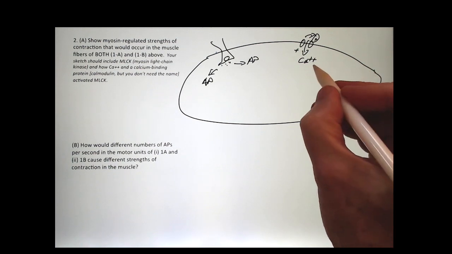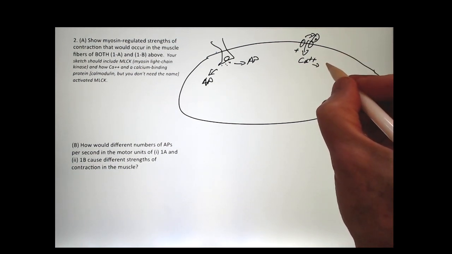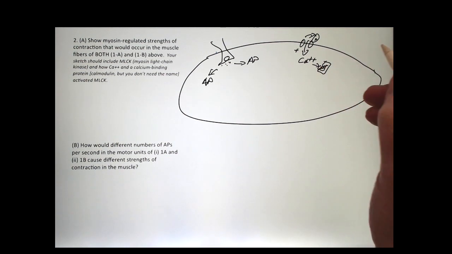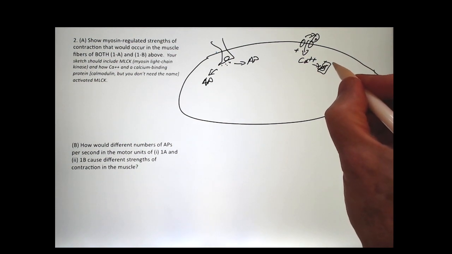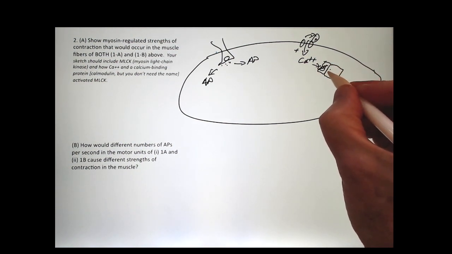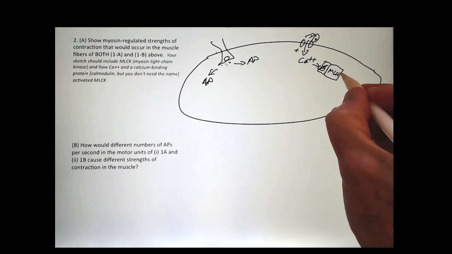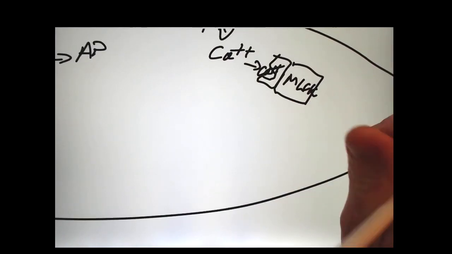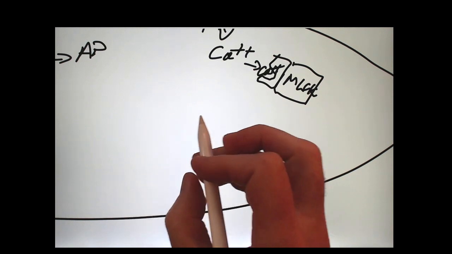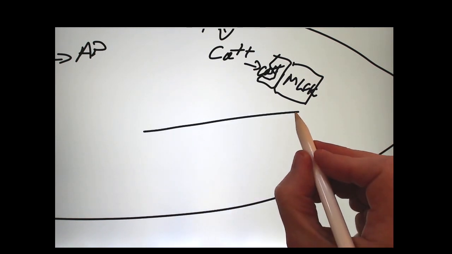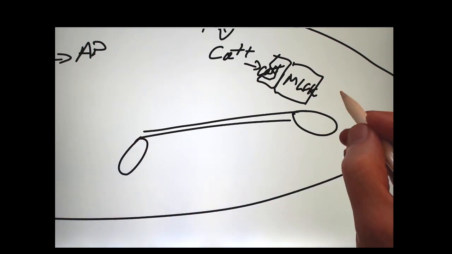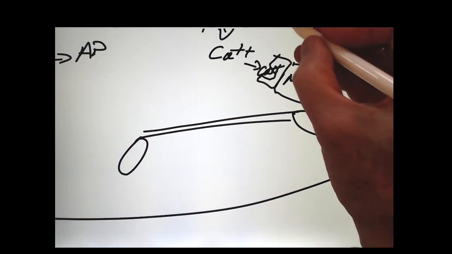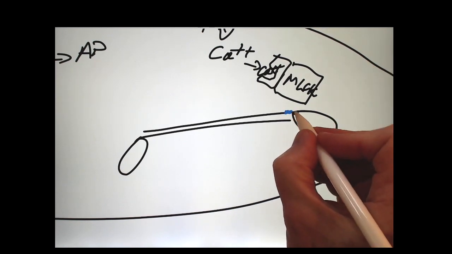entry into the cell, calcium binding to a calcium binding protein, in this case calmodulin, that binding to myosin light chain kinase, MLCK, myosin light chain kinase. Then each time it gets near to a myosin head, the myosin light chain is right here.